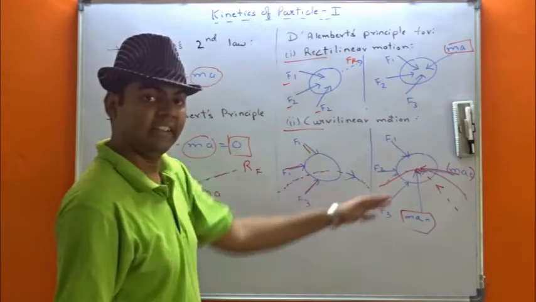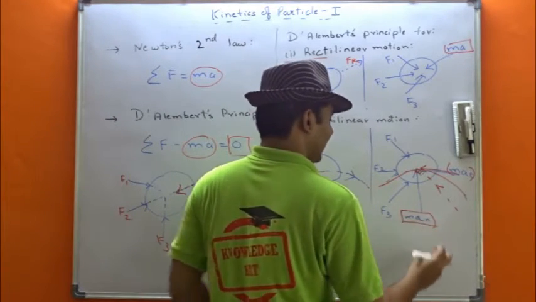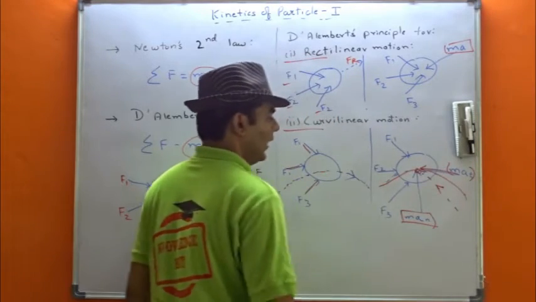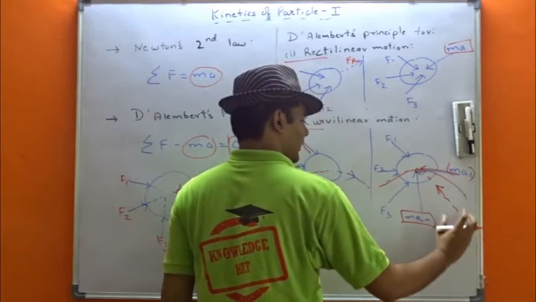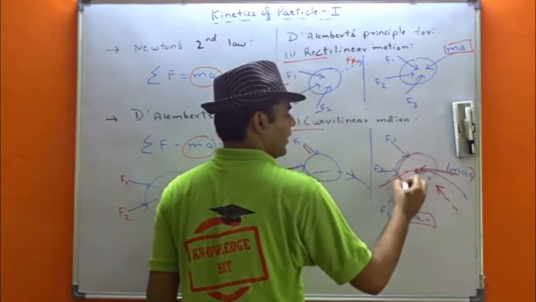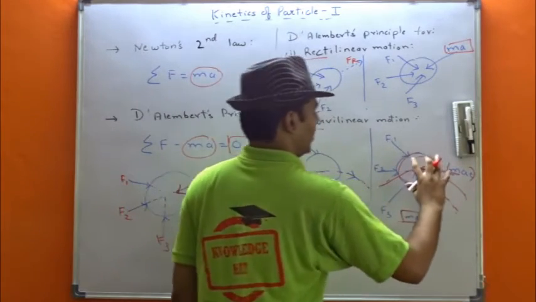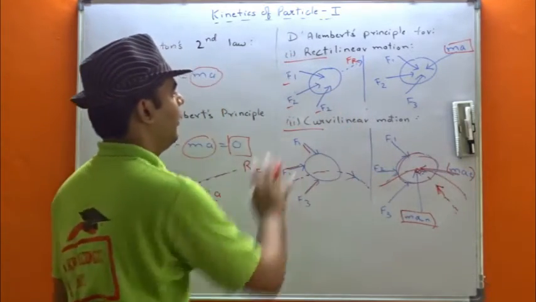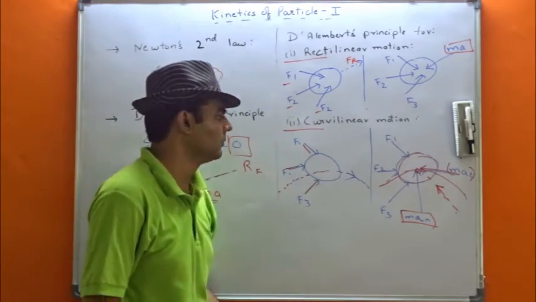By finding these two accelerations acting on the body, we can find the total resultant force which would be required to bring the body in curvilinear motion back into equilibrium. So this is how we are going to implement D'Alembert's principle in our questions.